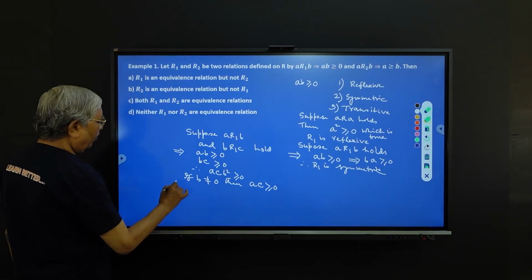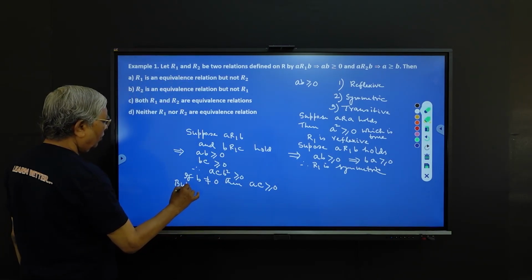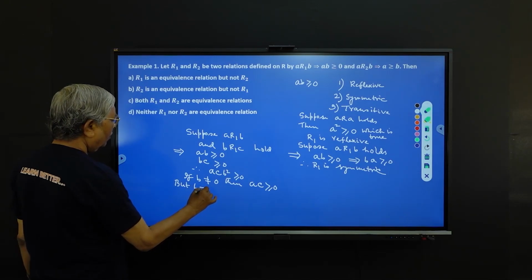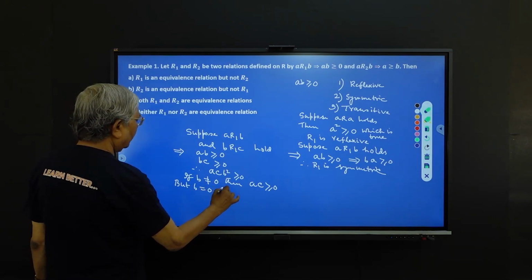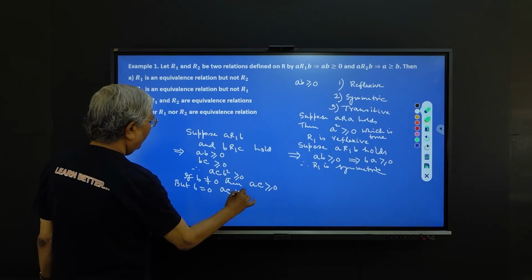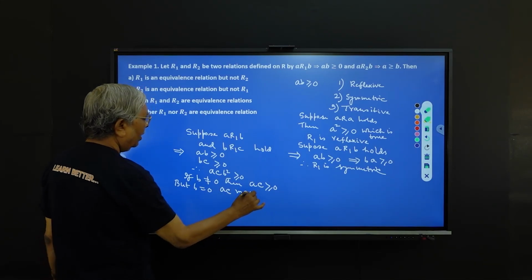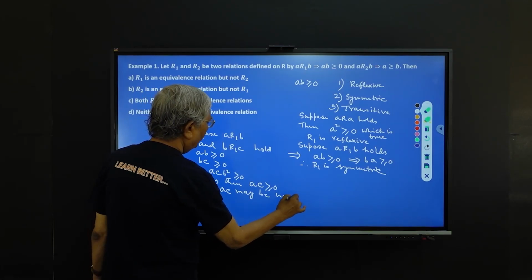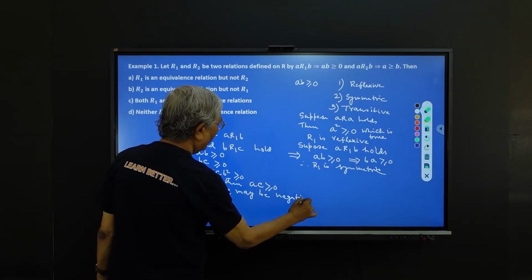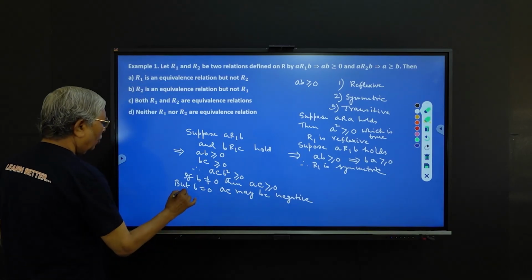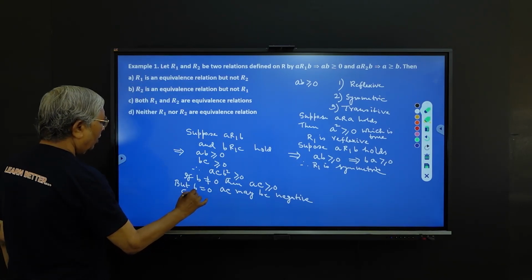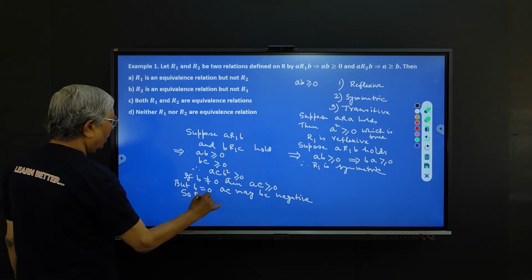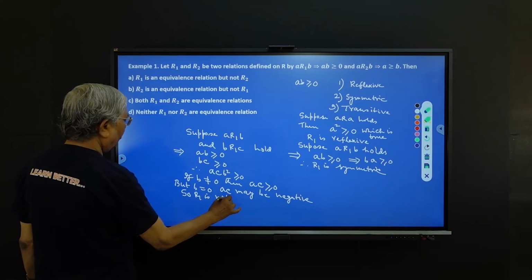But if b is equal to 0, ac may be negative. So R1 is not transitive.